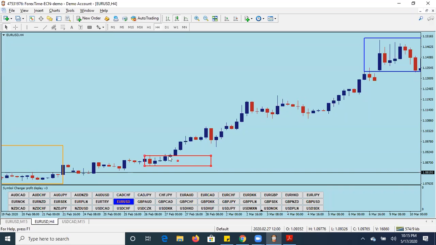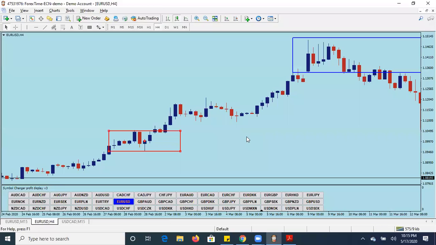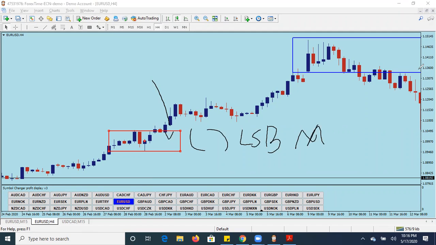Now, somewhere in between here, you have a weak order block. If price is trading back in the form of a sell into this order block, we will be anticipating an entry here by LSB on M15 for a buy.